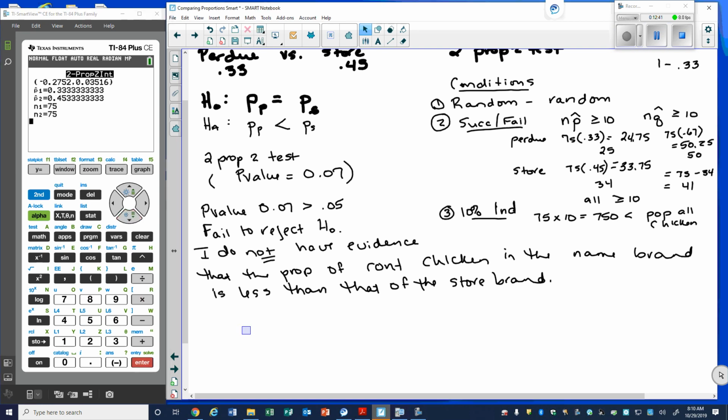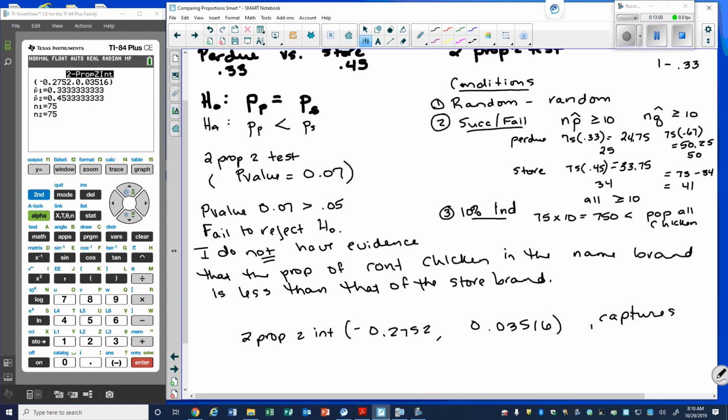And what my 2 proportion z-interval tells me is that from negative 0.2752 to 0.03516, this captures the true proportion difference between these 2 brands.